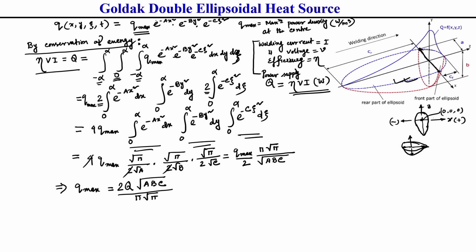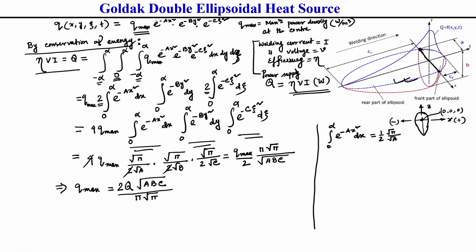Now, how this integration of 0 to infinity e to the power minus a x square dx is coming as half into root over of pi by root a, that I am now going to show.